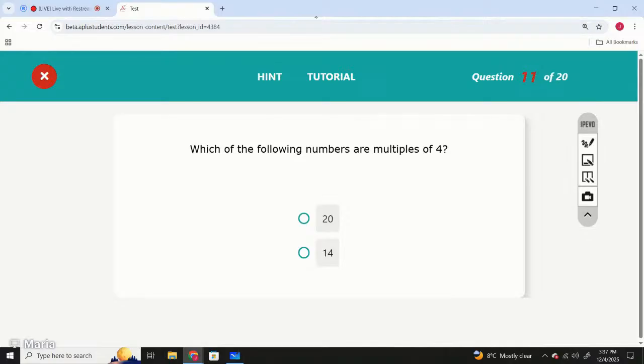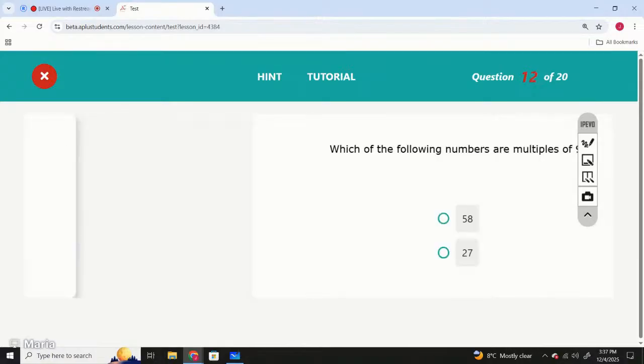Which of the following numbers are multiples of 4? That is 20. Option number 1 is the correct option.